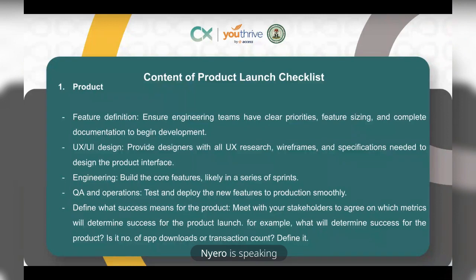So once you set that date, you are now working towards it. While all your stakeholders are doing their job, you want to ensure that you, who is responsible primarily for the launch, have covered all the bases that you need to cover, right?